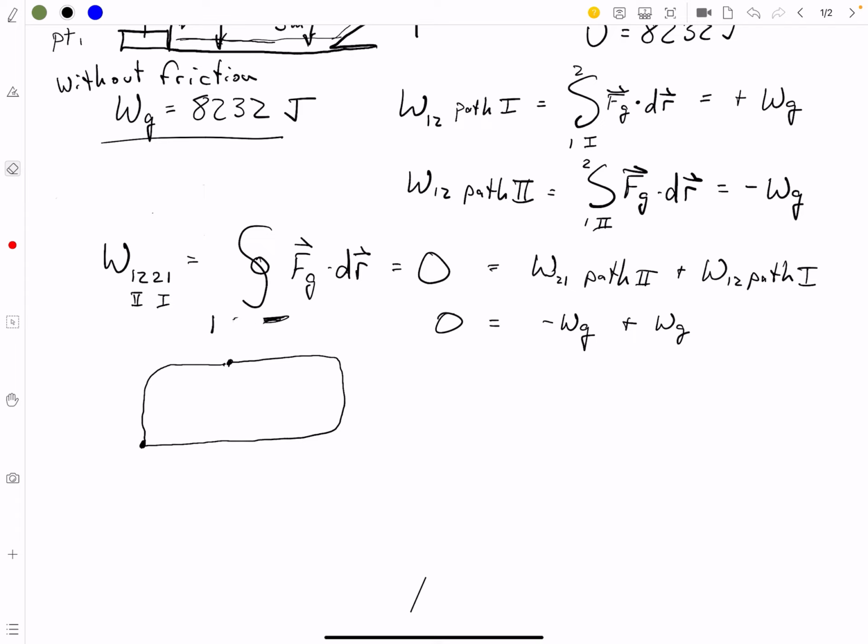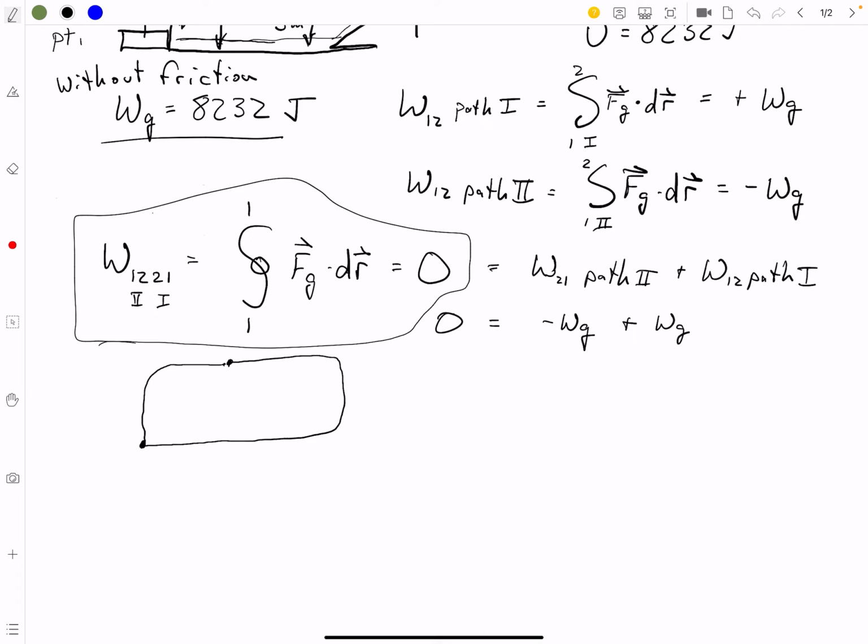We're starting at point 1, and we're going back to point 1. So when a force is conservative, this integral is going to be 0, okay?